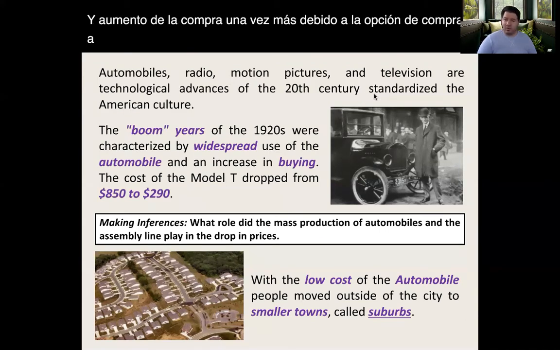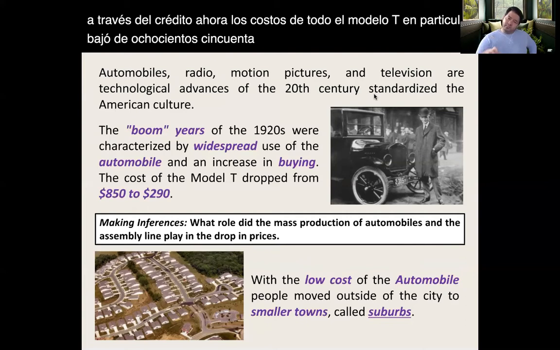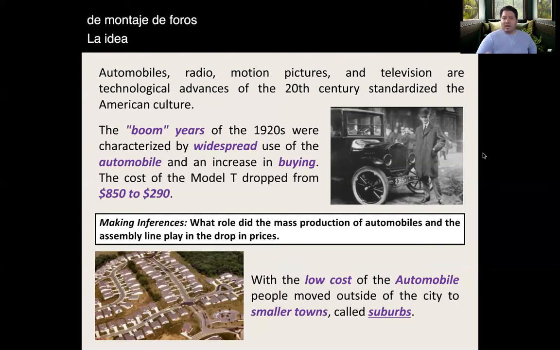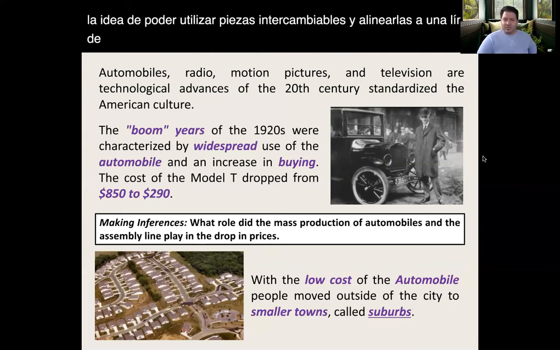Now, the cost of the Model T in particular dropped from $850 to an average of $290. This was due to increase in production due to, once again, Ford's assembly line. The idea of being able to use interchangeable parts and align them to an assembly line to rapidly mass produce products or goods.